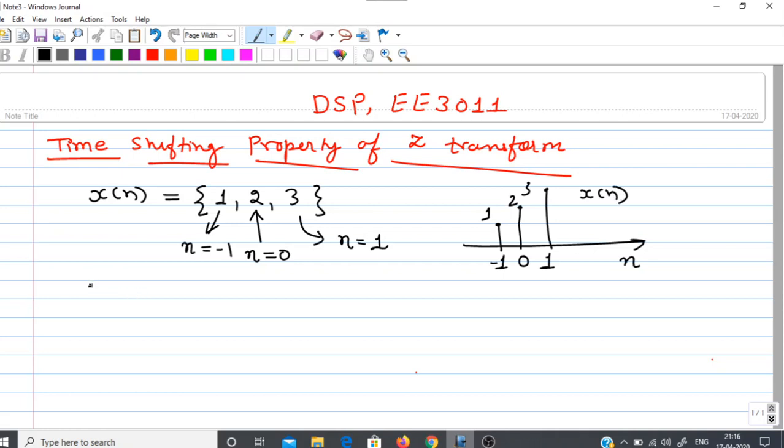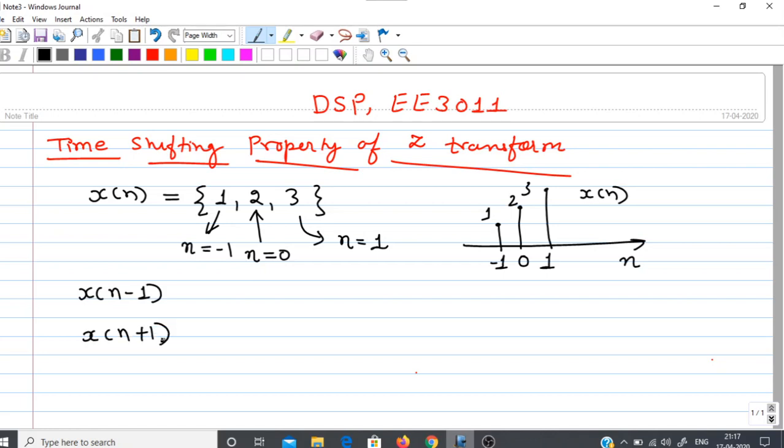Now if I ask you to find x of n minus 1, what operation will you perform on the sequence? This x of n minus 1 is the shifted version of x of n by one sample in the forward direction, or to the right hand side. Or I may ask you to find x of n plus 1.